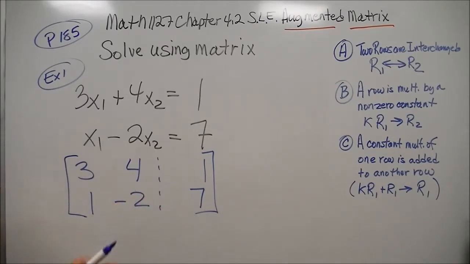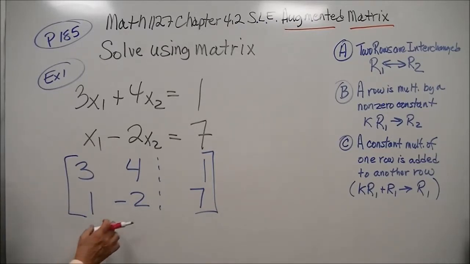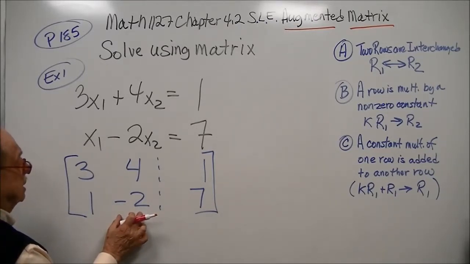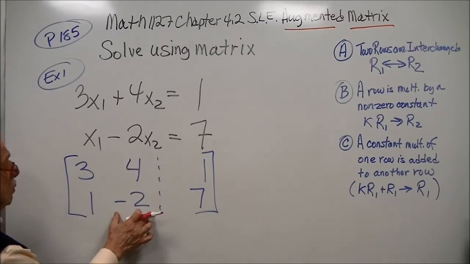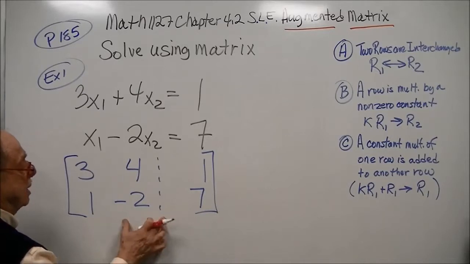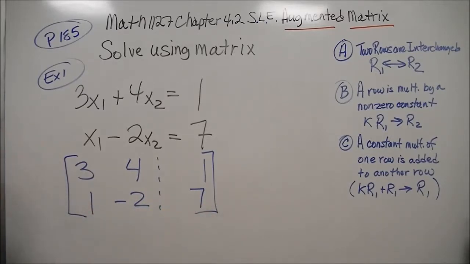So I'm going to kind of condense it and maybe give you a little insight into what might be done. For instance, if we wanted to get rid of this column, what would we multiply this column or this row by? Think about it. And this goes back to section 4.1. And the answer would be a 2.